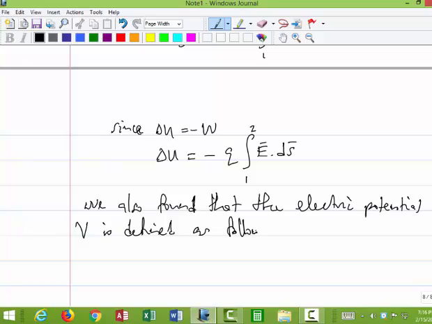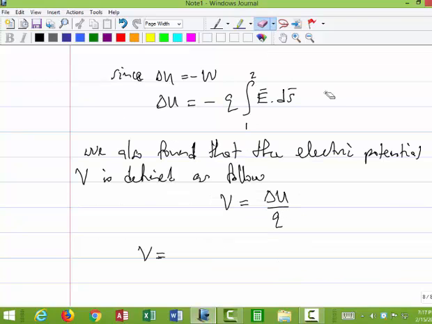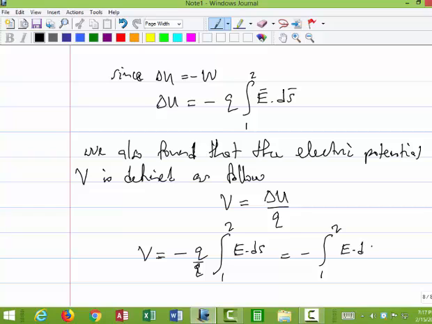We already did it, so I'll just quote that V we said was equal to delta U over Q. So potential V is going to be equal to the potential energy over Q. So it's equal to minus Q integral from 1 to 2 of E dot ds over Q. So this is going to be minus integral from 1 to 2 of E dot ds.